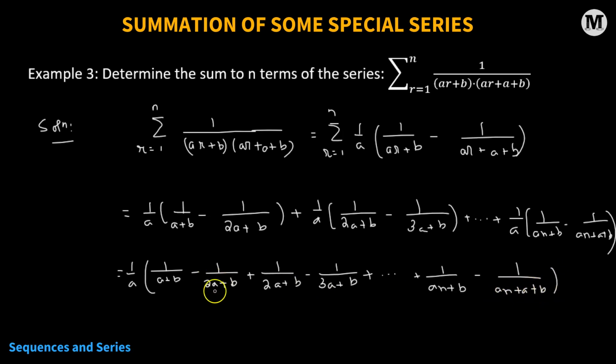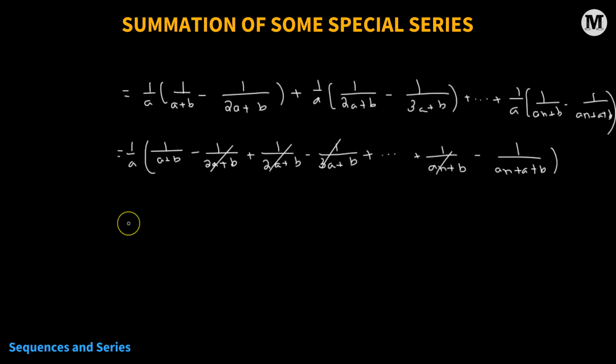Fine. So here the second, third, fourth, fifth, the second last term all will get cancelled out. That is going to finally leave us with 1 over a multiplied to 1 over a plus b minus 1 over an plus a plus b.